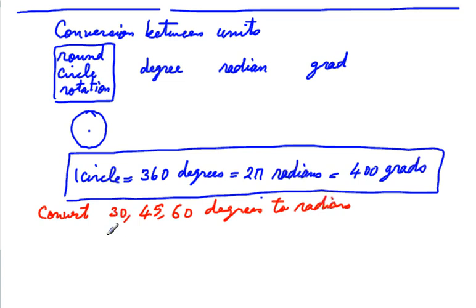Say 30 degrees out of 360, that means a 30-degree angle is 1/12 of the whole circle.